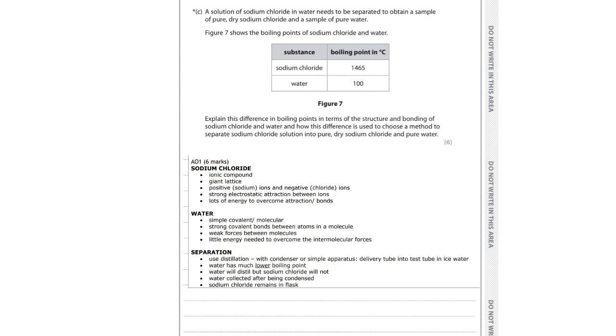And then the separation technique in topic 3, separation and purification, just distillation to separate the water from the salt. That's it. I think that's enough for you to improve your marks. The way that the actual marks were awarded was a little bit different than this, but you don't really know that. I think with the indicative content, you should be able to improve your marks so that it's the best possible answer it can be.